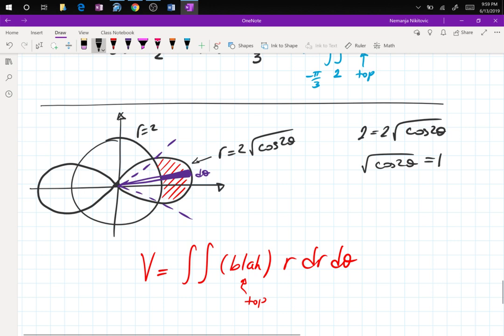When you square both sides, you get cosine 2 theta is equal to 1. Now, where is the cosine equal 1? Well, cosine is equal 1 at 0, and then at 2 pi.